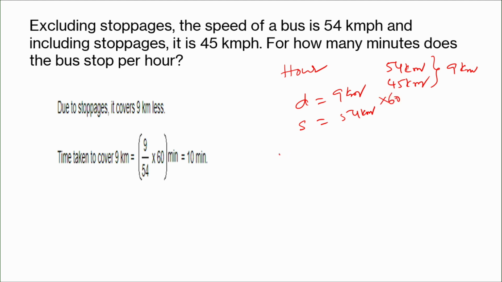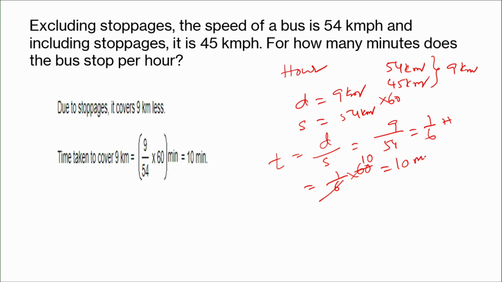Or you can say the time is simply t equal to d by speed, that is 9 by 54, that is 1 by 6 hours. Or you can say 1 by 6 into 60, because 1 hour equals 60 minutes, 6 tens means 10 minutes, understand? So, the time taken is 10 minutes, or 1 by 6 hours also we can say.